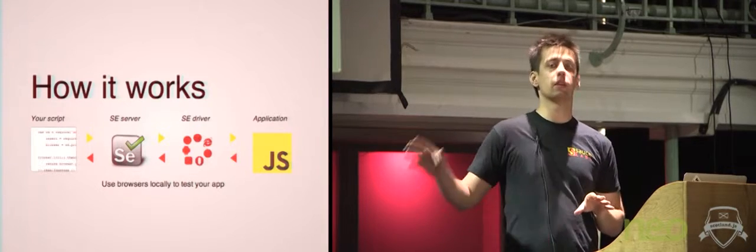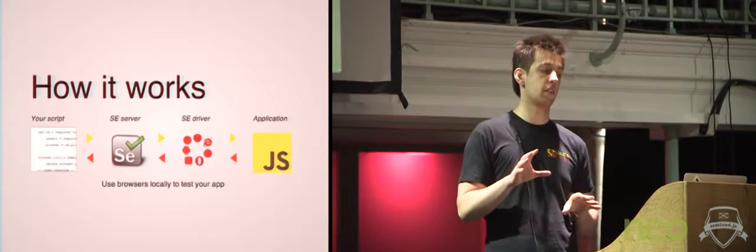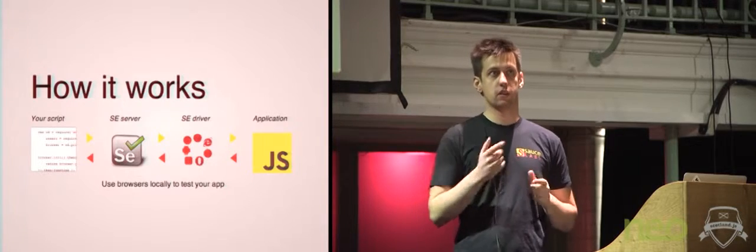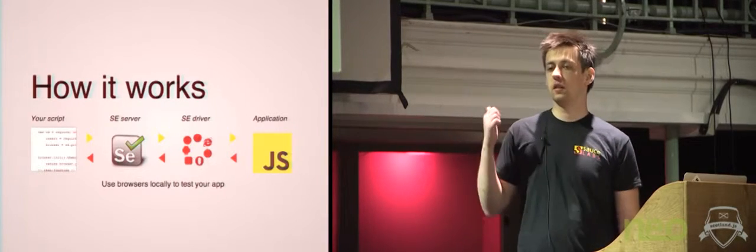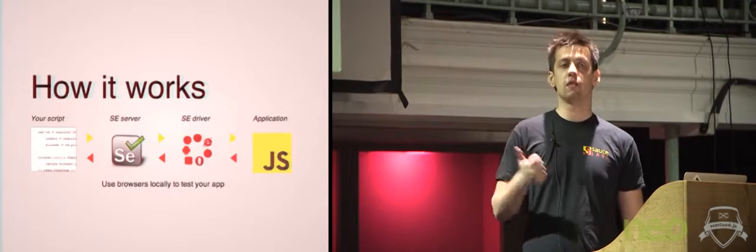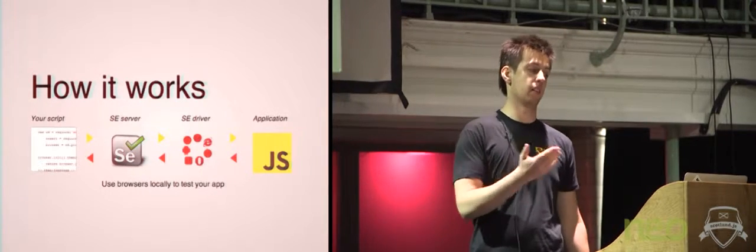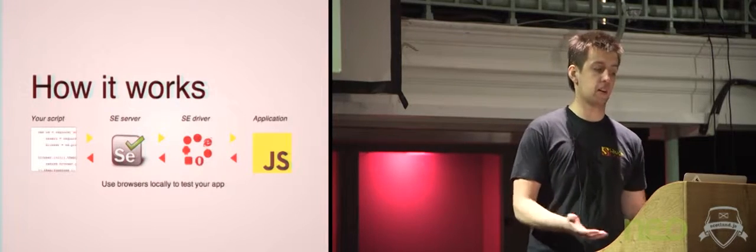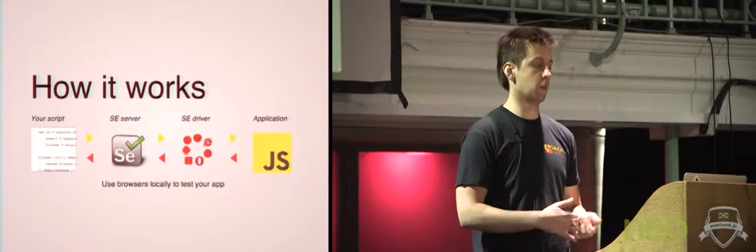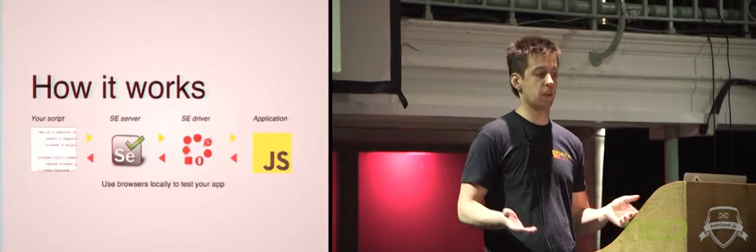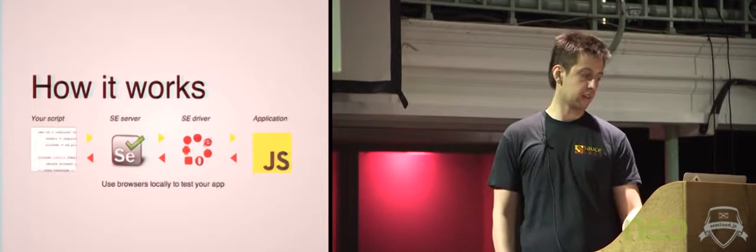It can be somewhere in the cloud or somewhere on a remote server, because as you saw, you can drive IE, you can drive Firefox, and to drive IE, you've got to have Windows. So you can install your Selenium driver on a Windows machine and communicate over the network with it to drive the browser.